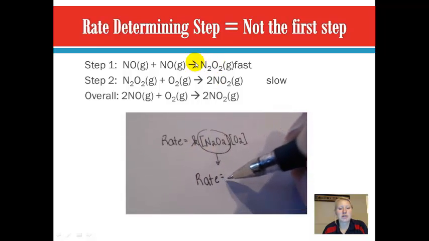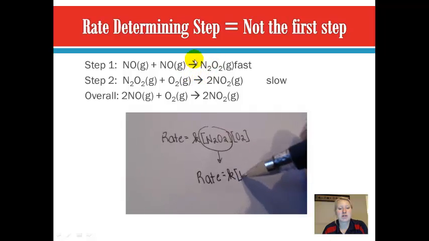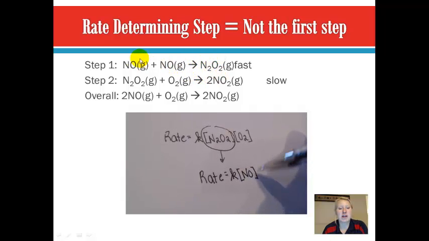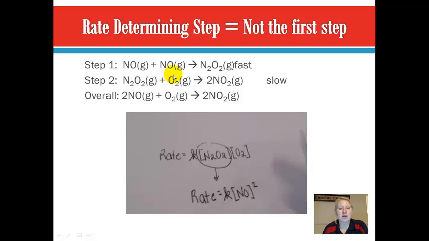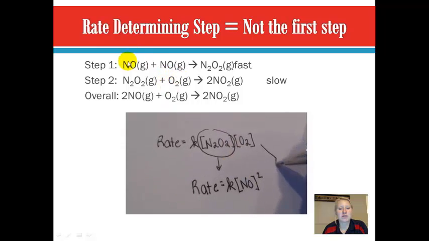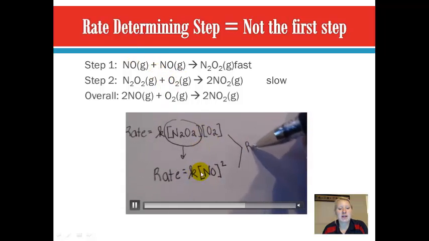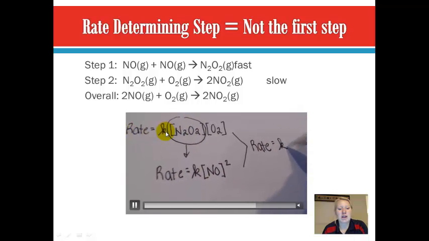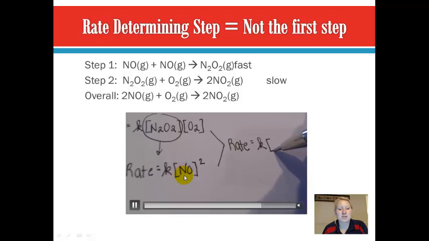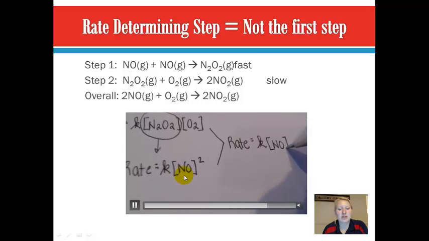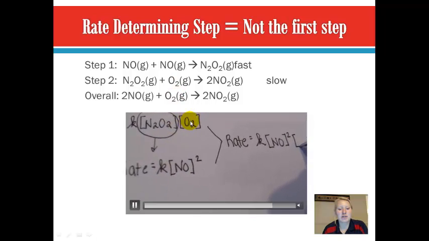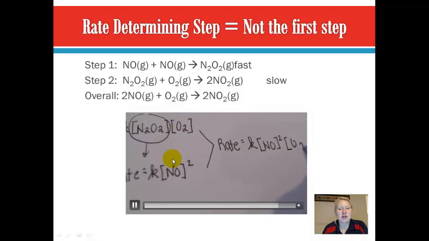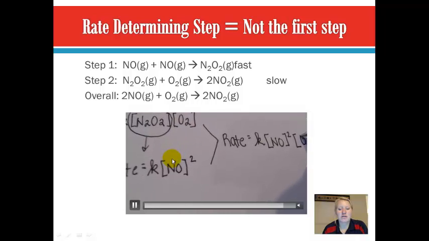But N2O2 is formed in the first step. So the rate of formation of this would be rate equals k times NO squared, because there's two of them. So if we combine these, if we substitute in the rate law for the intermediate, we get rate equals k times NO squared times O2. And that is the rate law for this reaction.